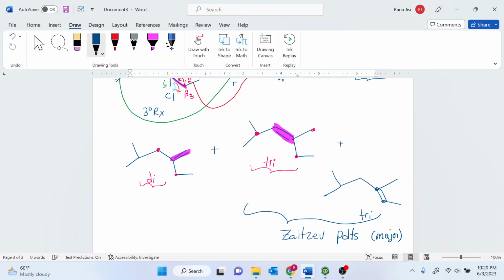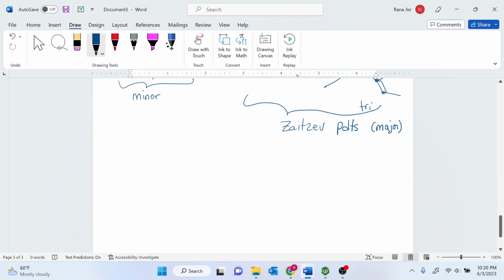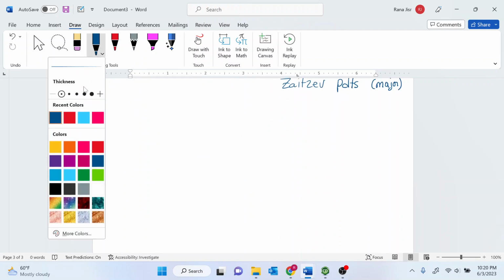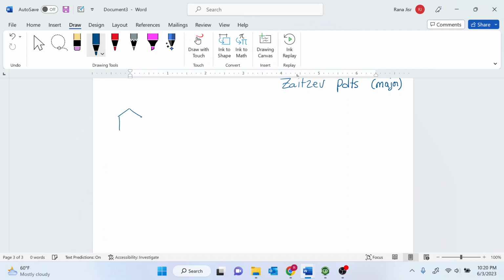These are the most substituted alkene, and this guy over here is going to be the minor product. Another example is whenever we are using, let's say, a secondary alkyl halide, and I am reacting this with a bulky base, like potassium tertiary butoxide or lithium diisopropylamide.